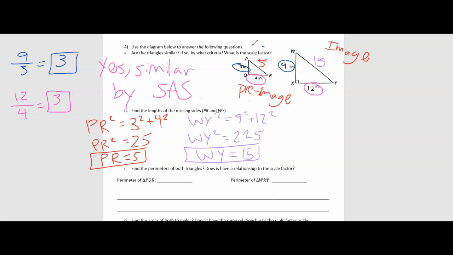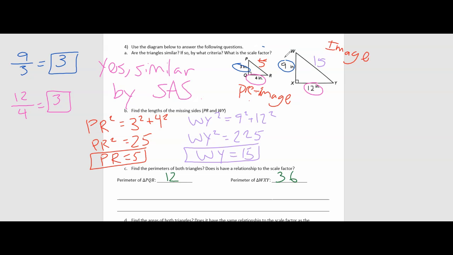Well, perimeter of triangle PQR, again, we're just going to add up all the sides. That gives us 12. Perimeter of WXY gives us 36. So, yes, there does seem to be a relationship between the perimeters with the scale factor.